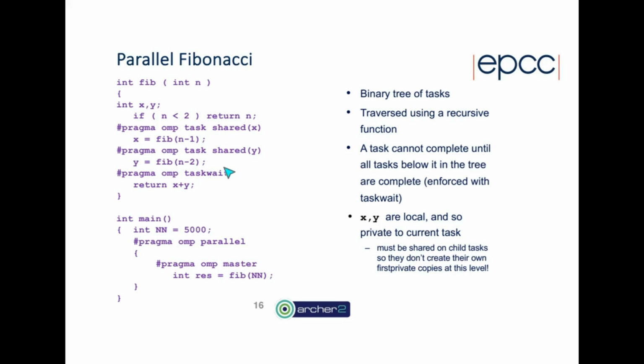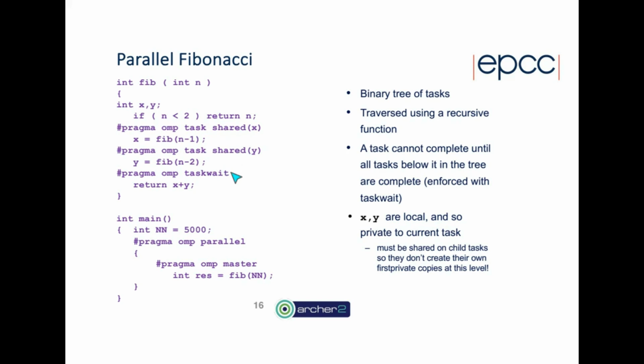What we're doing at each level is basically generating a binary tree of nested tasks. By using the taskwait, the task cannot complete until all the tasks below it in the tree are complete. Although taskwait is just a shallow wait, waiting only for the children, the children themselves contain the taskwait for their children and so on.